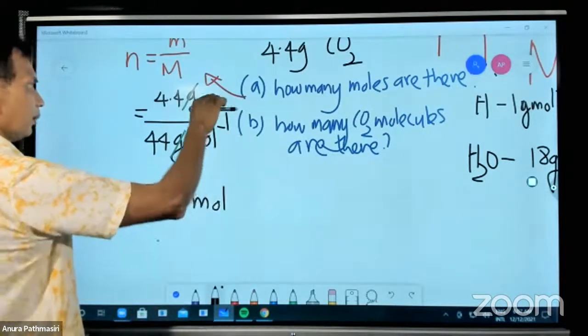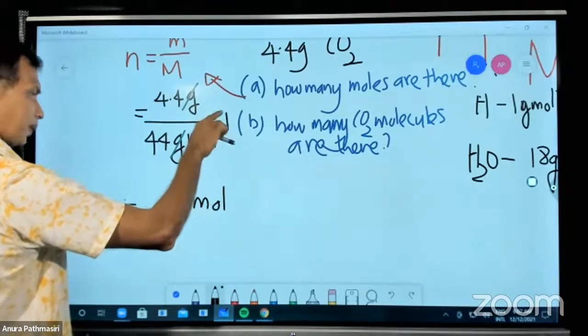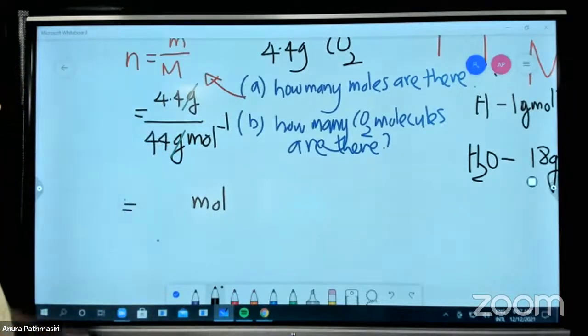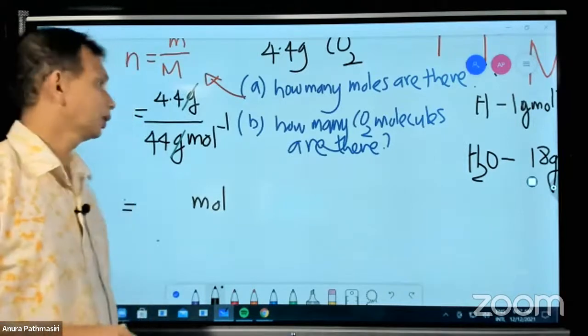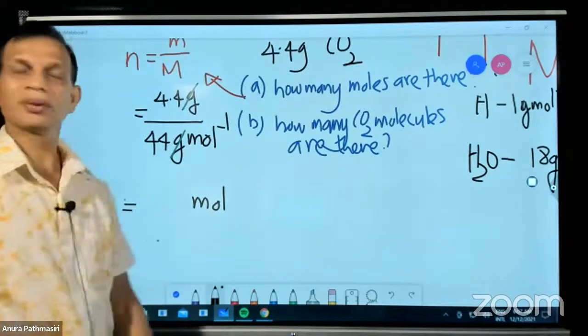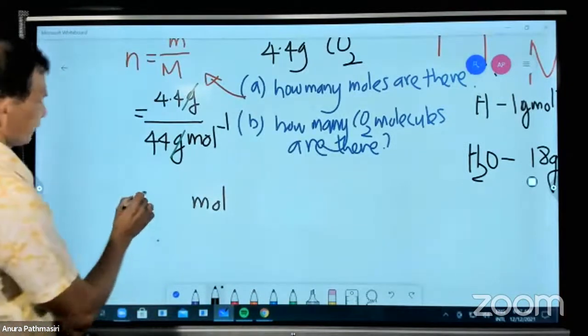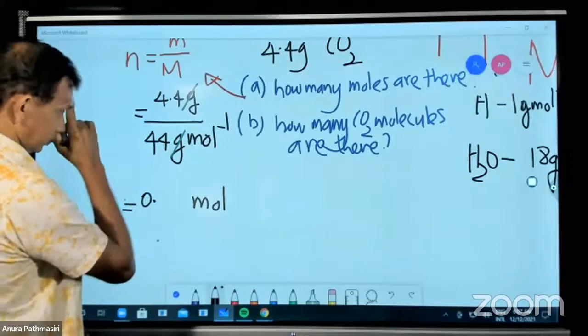When this goes up, it is not per mole or -1, it's +1. And divide this one. When you divide 4.4 gram by 44, what is the answer? 0.1 mole.